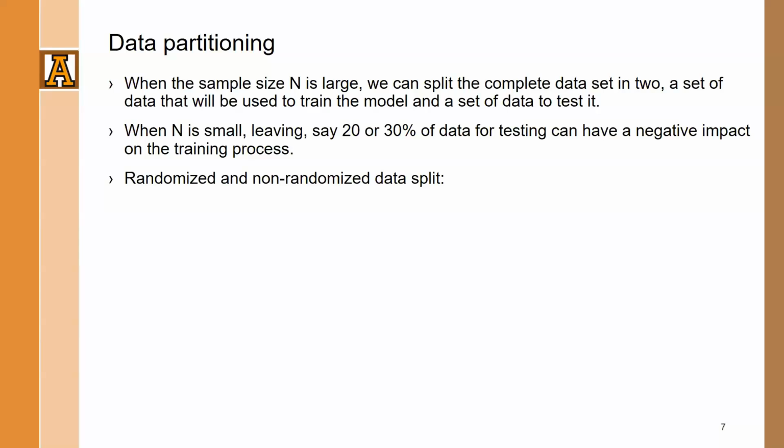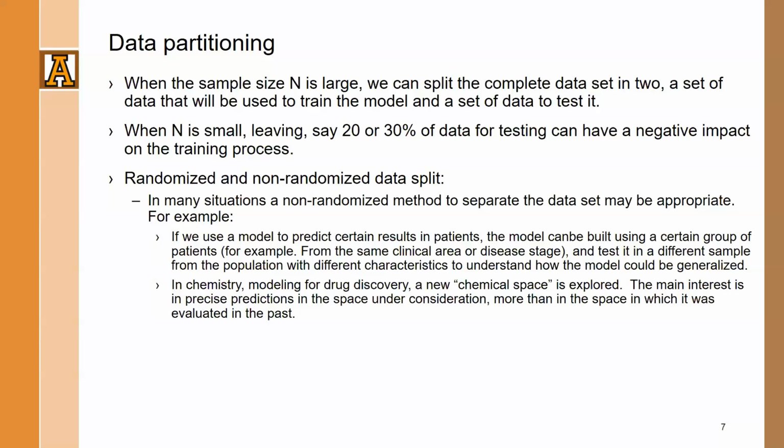We can do a split that's randomized or non-randomized. In many situations, the non-randomized method to separate data may be appropriate. There's a couple of examples here. If you want to predict results in patients, you train the model with a set of patients with some clinical characteristics, but you want to test it on a different group of patients with other clinical characteristics to see how that treatment can be generalized to other patients.